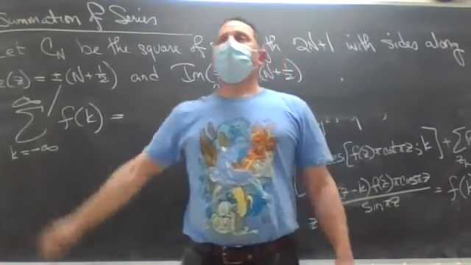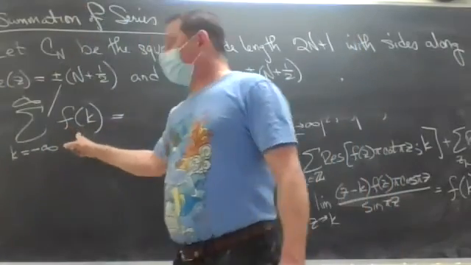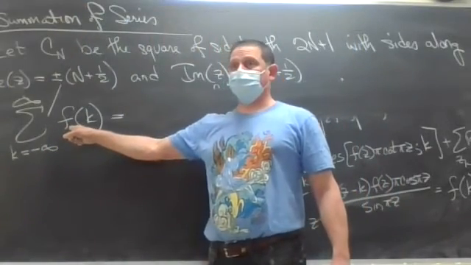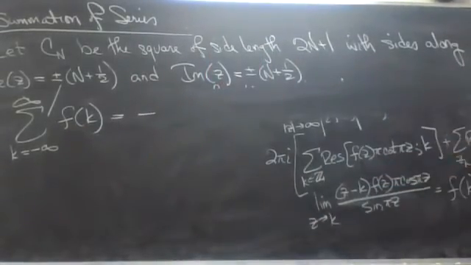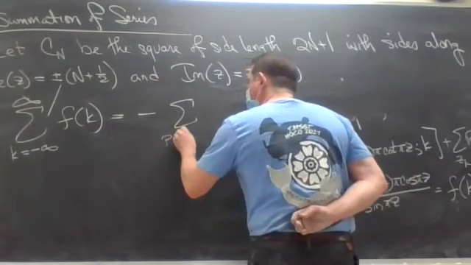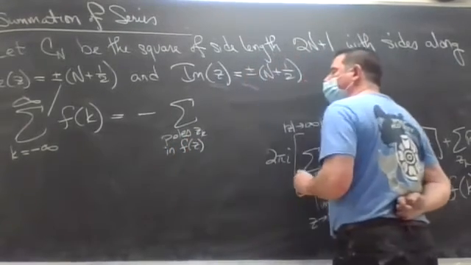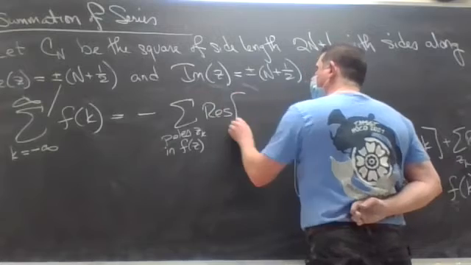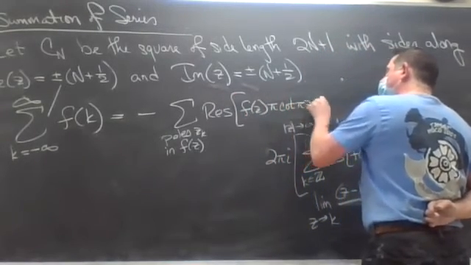That prime means I am omitting any integers at which F is not analytic. They're going to go on the other side. Because the sum of these two residues is 0, this one has to equal negative that one. So this is minus the sum over all the poles zk in F of Z of the residue of F of Z pi cotangent pi Z at zk.